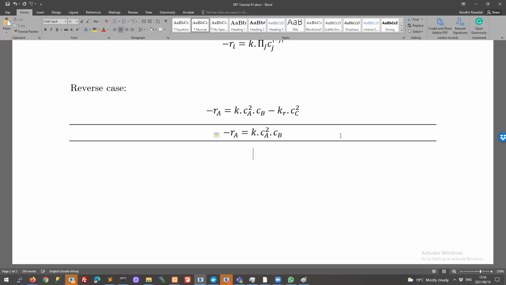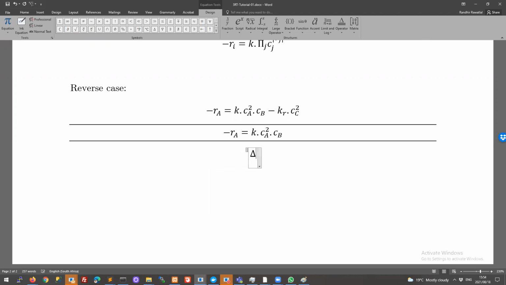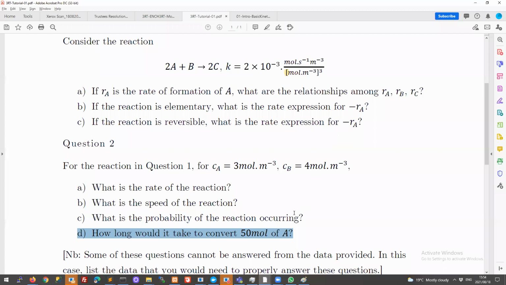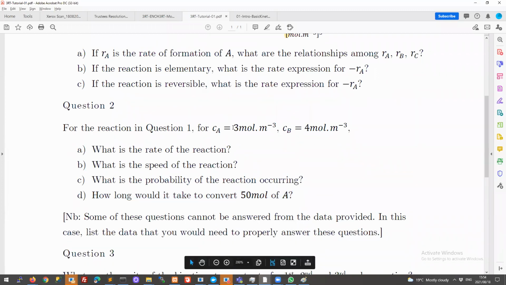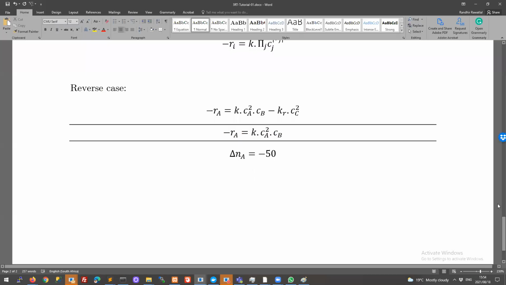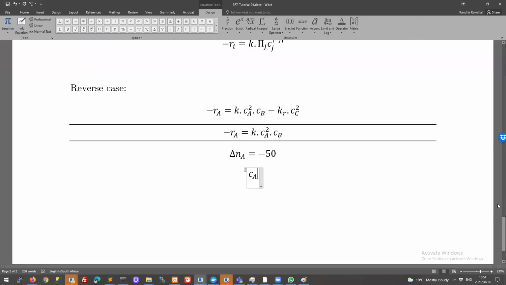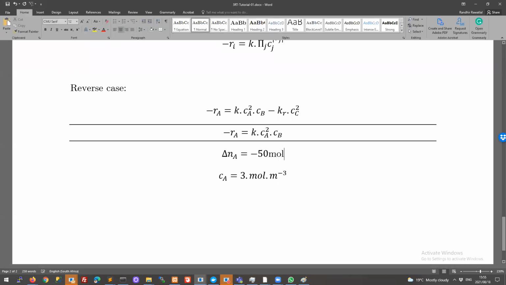So let's write this. We can say here delta N_A equals, and it's consumed, so minus 50 moles. So to convert A, we have initially 3, so we can say CA equals 3. Let's write the units: moles per cubic meter, and this one is moles.